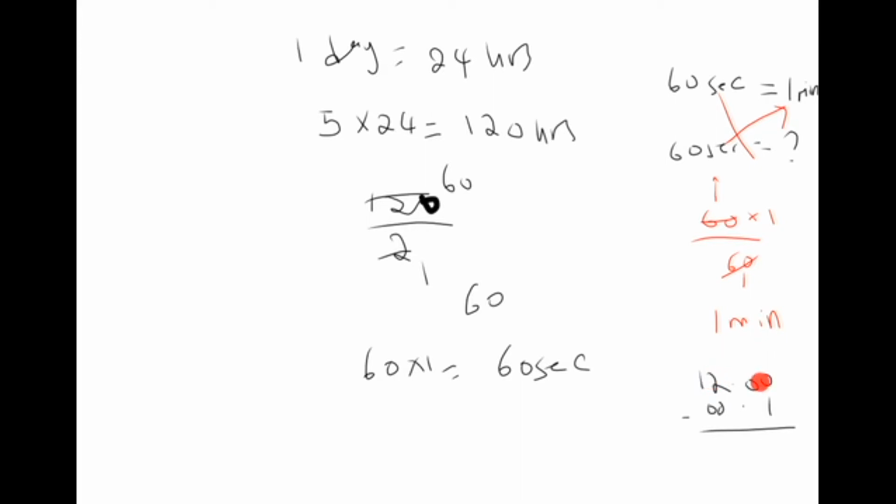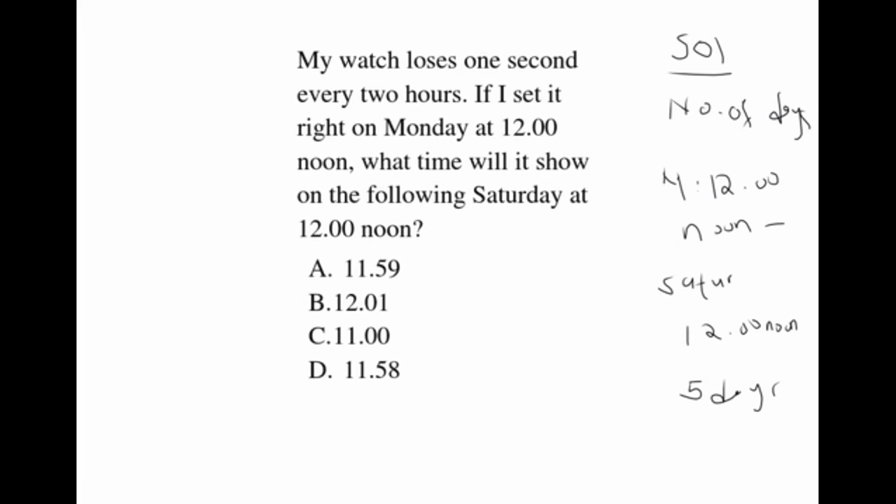Here now we shall have 60 minutes. 60 subtract 1, we get 59. Here we have borrowed 1 hour, we have 11. So the time will be 11:59. Therefore, our correct choice is A, 11:59.